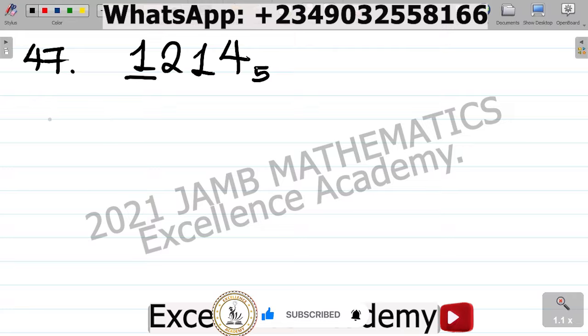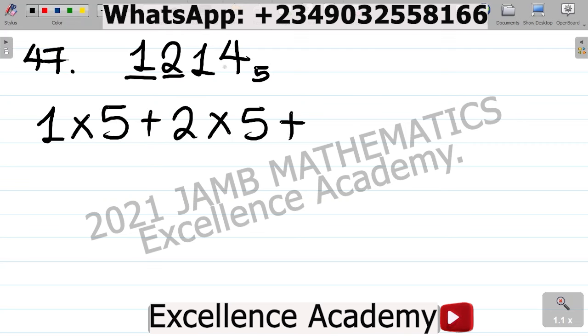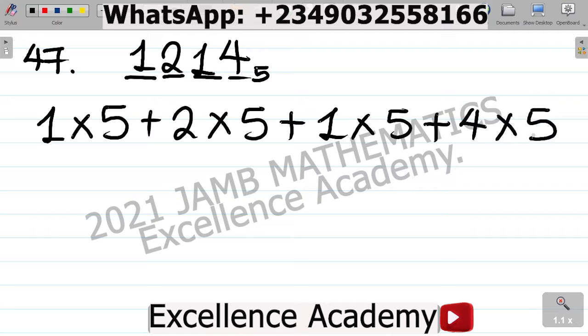The first number here is 1, so it becomes 1 times the given base, which is 5, so 1 times 5, plus the next number there is 2, so it becomes 2 times the given base 5, plus the next number there again is 1, so we have 1 times 5, plus the next number there is 4, 4 times 5.